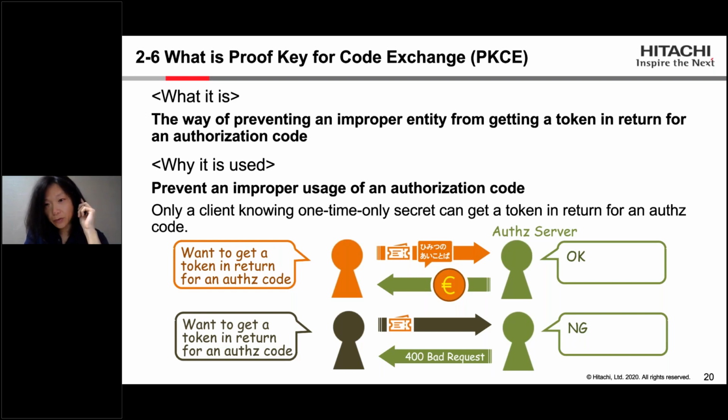It can be used to prevent the improper usage of the OAuth code by a malicious entity, because only the client knowing the one-time use only secret can get their token in return for their authorization code. The other entities cannot get the token.